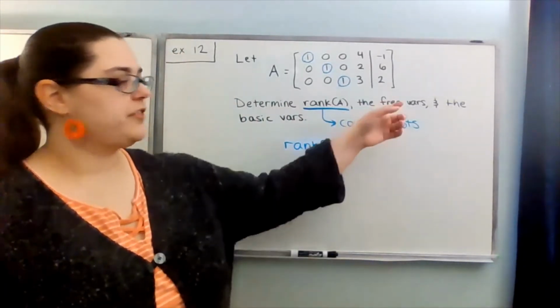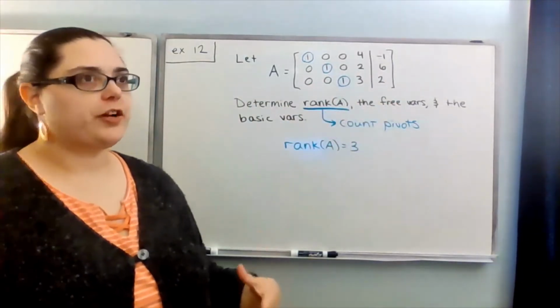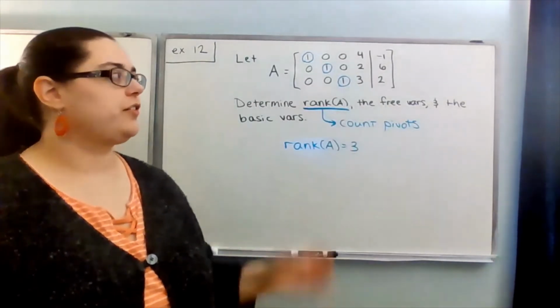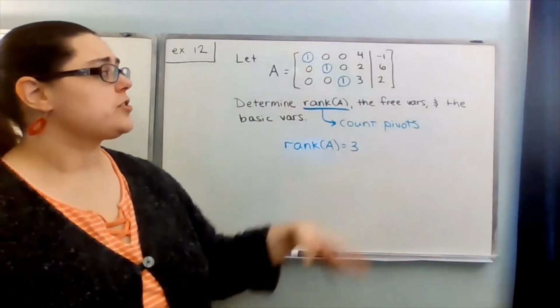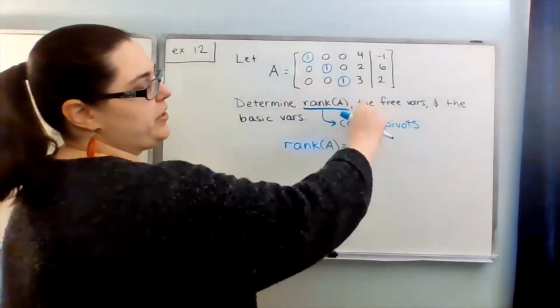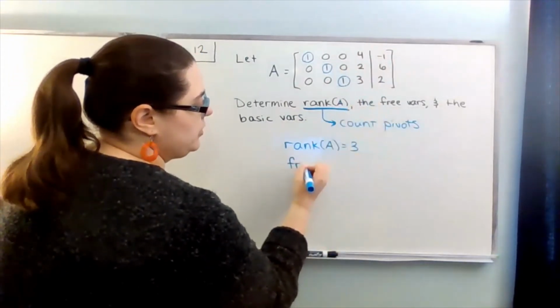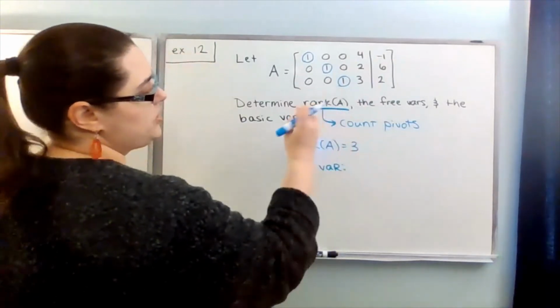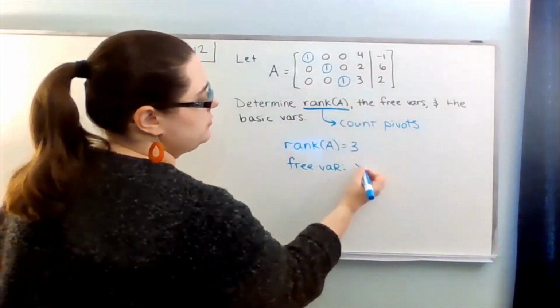Next, we are asked to find the free variables, to identify those. So remember, the free variables are the ones that ended up being parameters. So you can think of that as they're like free from the matrix. They don't have a pivot in the matrix at all. So the only column that didn't have a pivot was our 4th column here. So the free variable is, let's call this x1, so we have x1, 2, 3, and 4, x4.